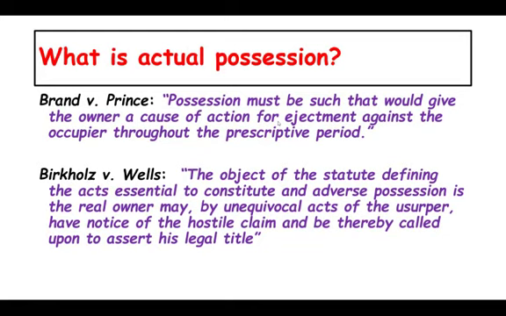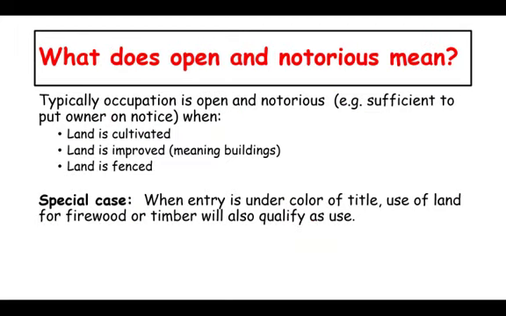Wells, a case I didn't ask you to read, but it's one that you'll see referred to in the cases you did read, explains that the point is that the actions of the usurper, the adverse possessor, should give the real owner notice that somebody else is asserting a claim that is hostile to them retaining ownership and that they should do something.